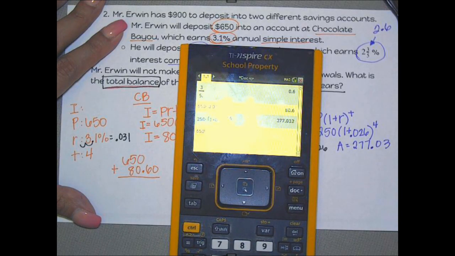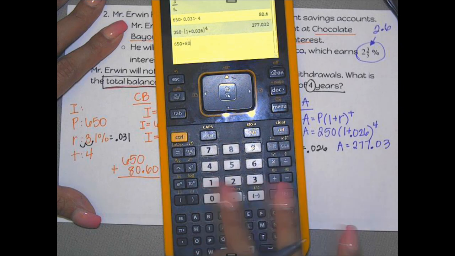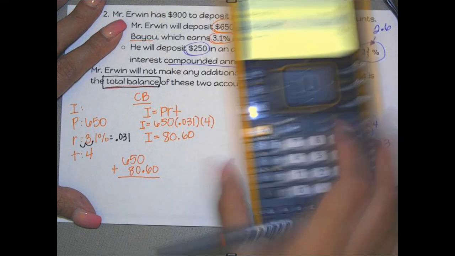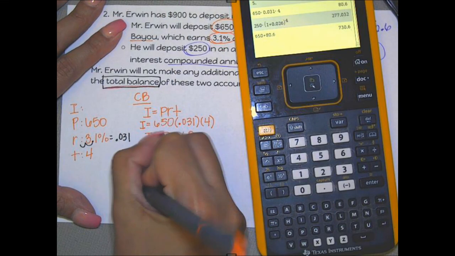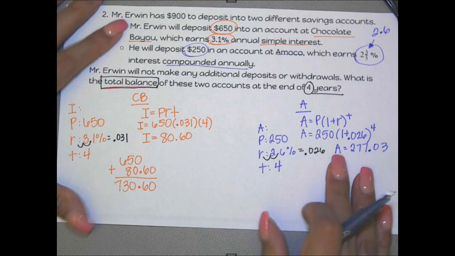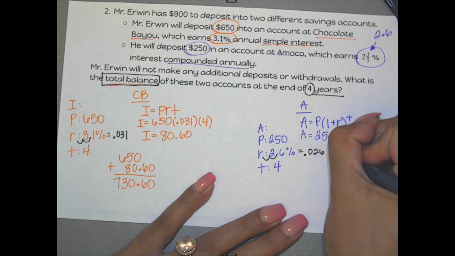So take that principal, 650 plus 80.60. So in the Chocolate Bayou account, Mr. Irwin has $730.60.